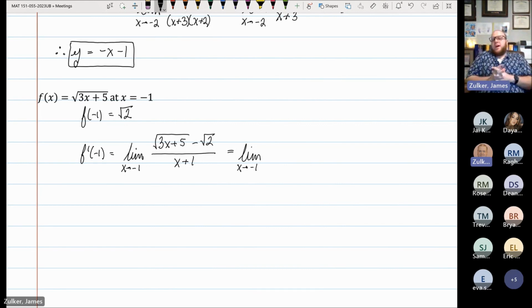Now we need to rationalize. Numerator is going to become a difference of squares. Right, so it'll be the first term squared minus the second term squared.